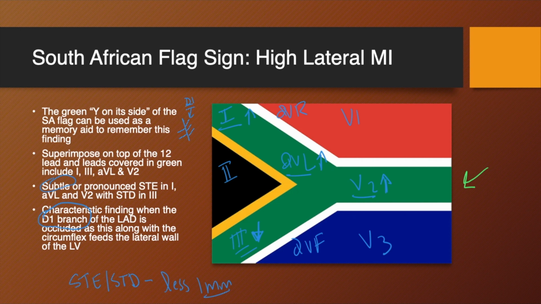So we often say that the circumflex artery feeds the lateral wall, which is true, but the highest part of the lateral wall is fed by the D1 artery that comes off of the LAD. And when that D1 artery gets blocked and it produces a high lateral wall MI, you will get or can get this so-called South African flag sign.